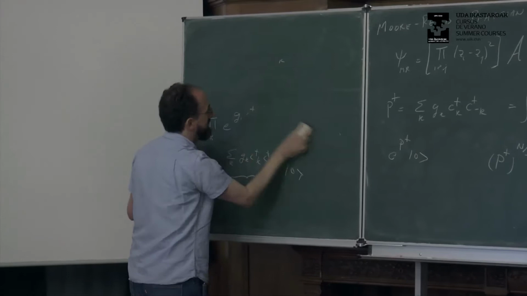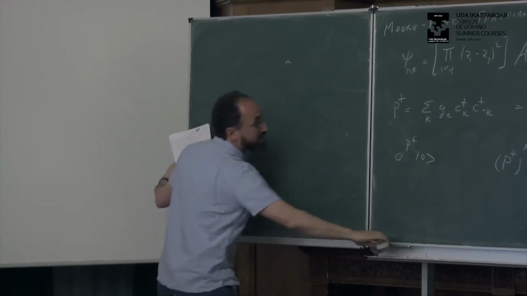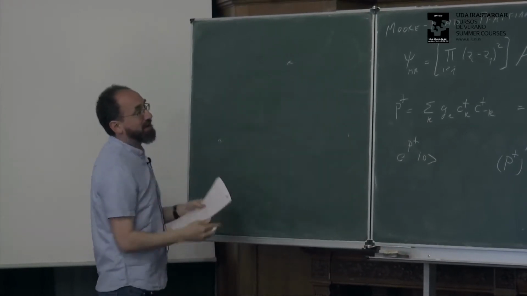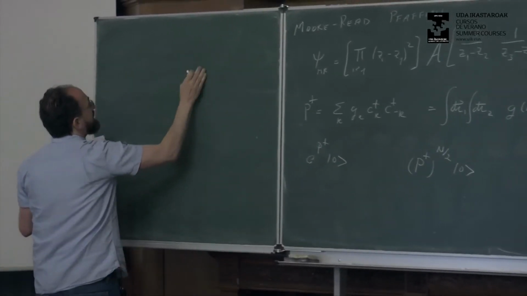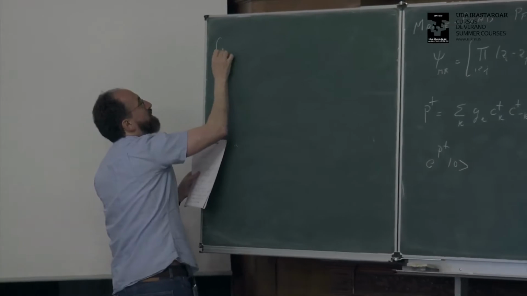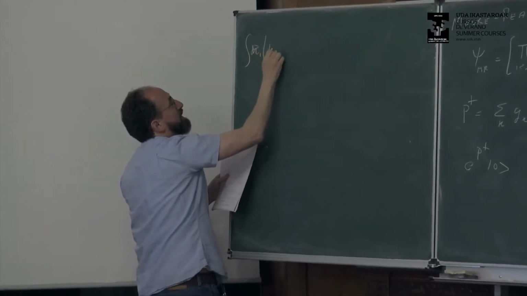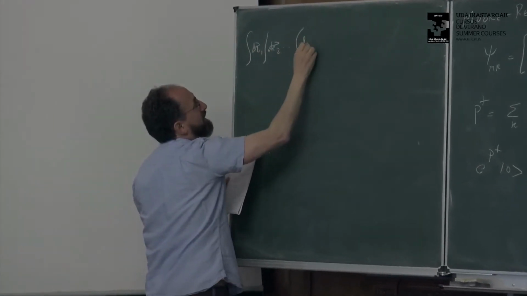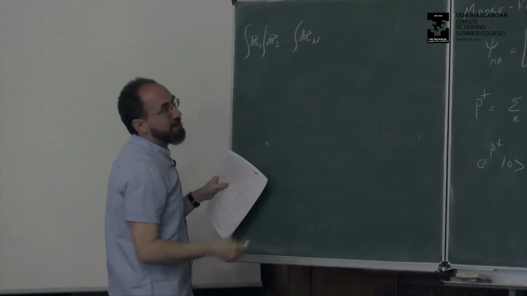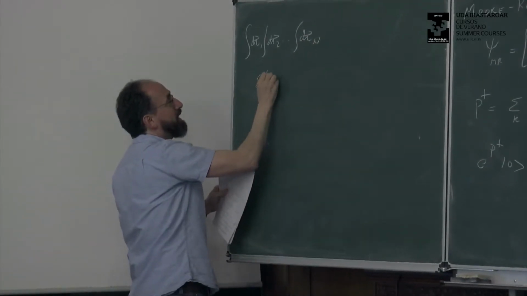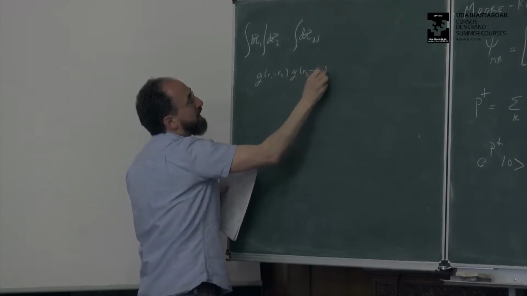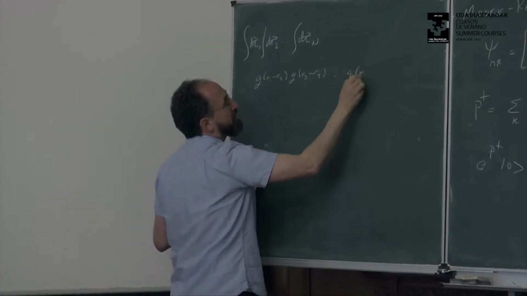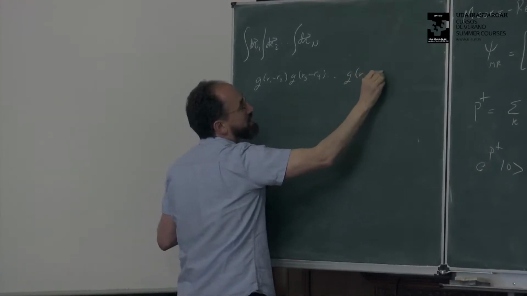If we do that, well, for each p dagger we have a couple of integrals. So we'll have integral dr1, dr2, all the way up to drn. Then we'll have some g's. There will be g of r1 minus r2, g of r3 minus r4, all the way up to g of rn minus 1 minus rn.